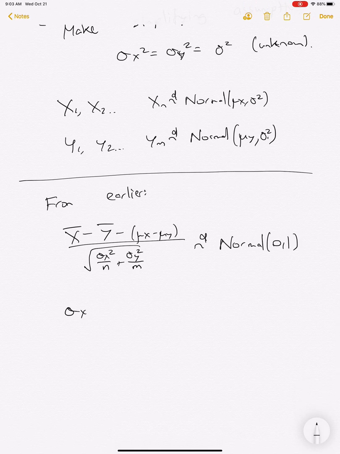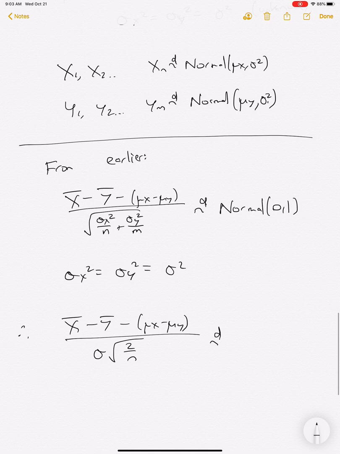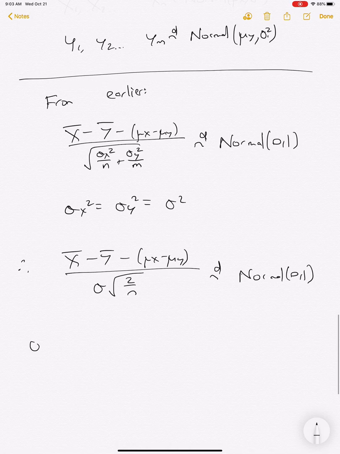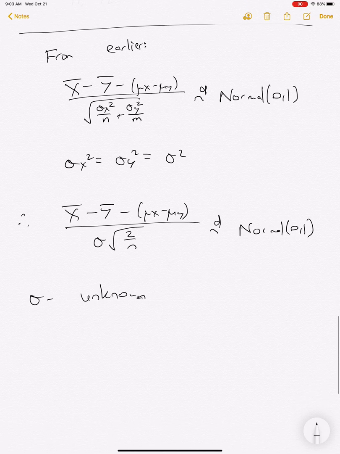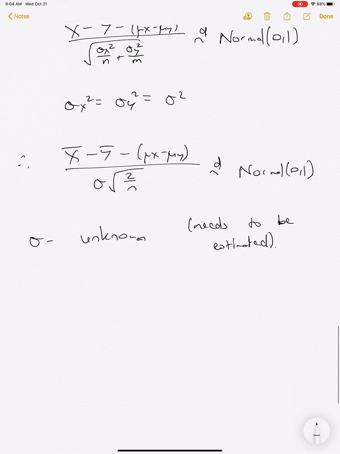And then if we have sigma x squared equals sigma y squared equals sigma squared, then we have sigma times square root of 2 over n. Okay, but sigma is unknown and it needs to be estimated. And how are we going to estimate that?